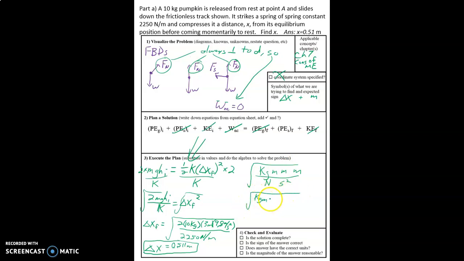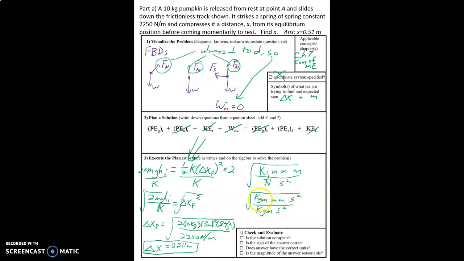Let's leave those separate, and then we'll take the Newton and split it into kilogram meter per second squared. And since that's in the denominator, we can put the second squared up there. So the only thing different between these two lines is I took the Newton, made it into a kilogram meter per second squared, put that in the numerator.